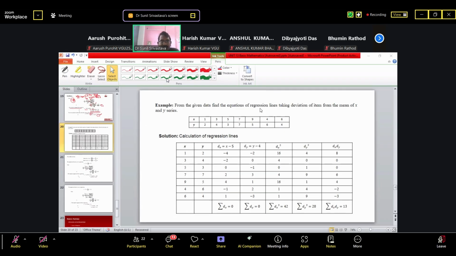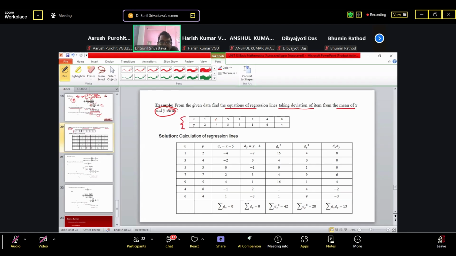For the given data, find the regression lines, taking the deviations from the means of the x and y series. We have to take the deviations from the mean values. So we have the data for the x series and y series.